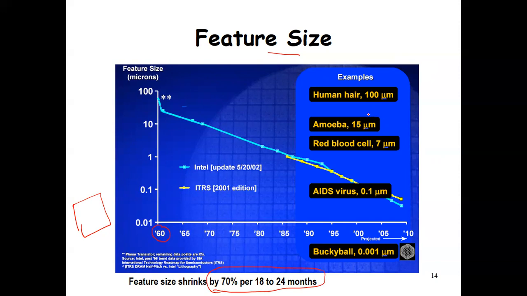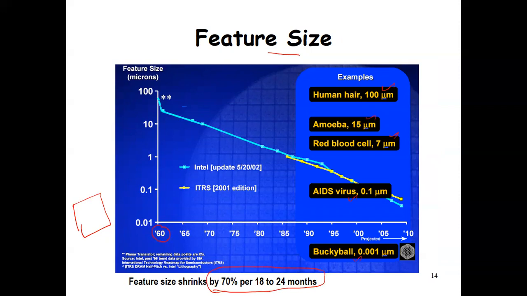If you consider the human hair, the size of the human hair is 100 micrometer. The size of an amoeba is 15 micrometer. Red blood cell is 7 micrometer. The size of the AIDS virus is 0.1 micrometer. The size of a buckyball is 0.001 micrometer. Like that, the feature size of the transistor is getting reduced over a period of time.